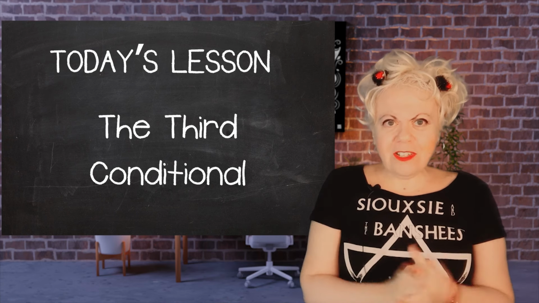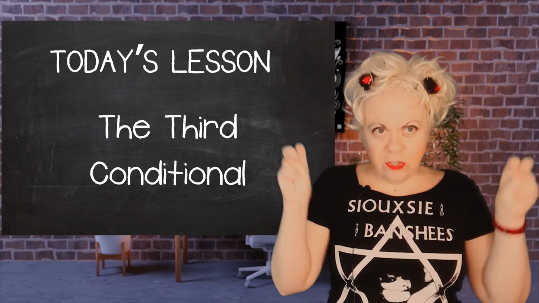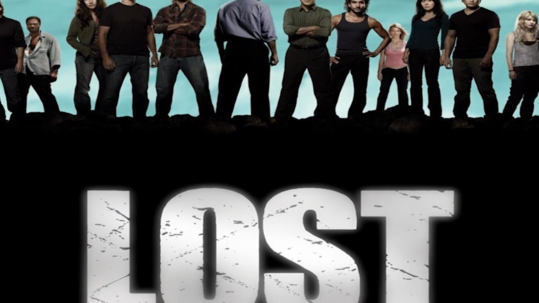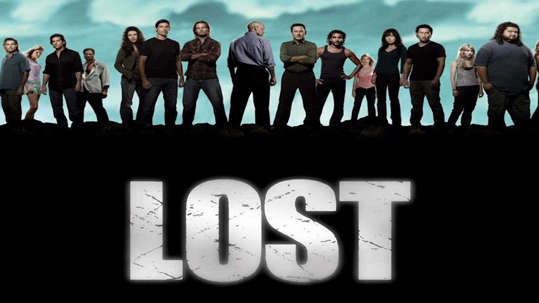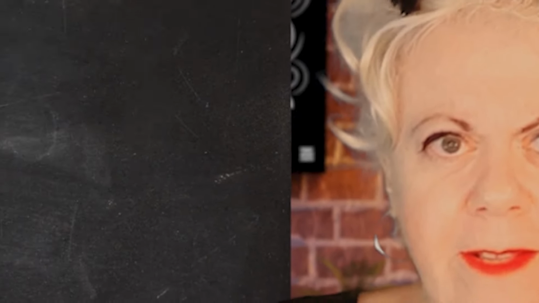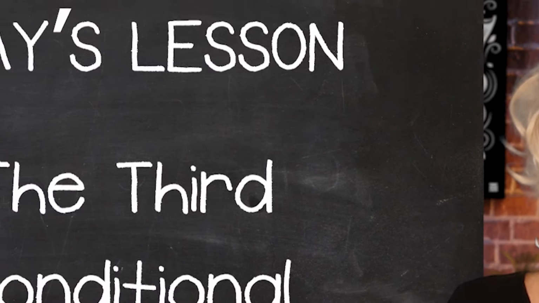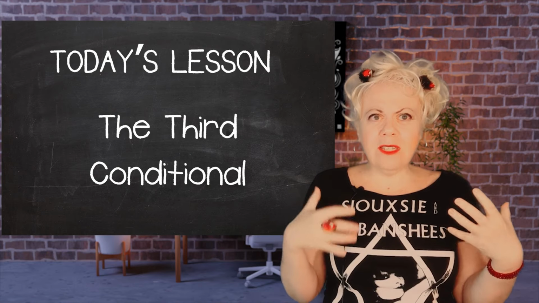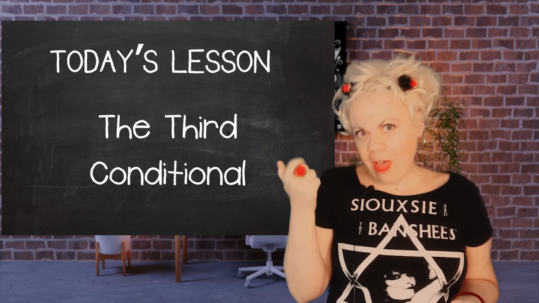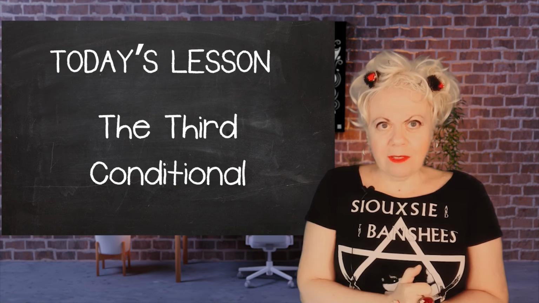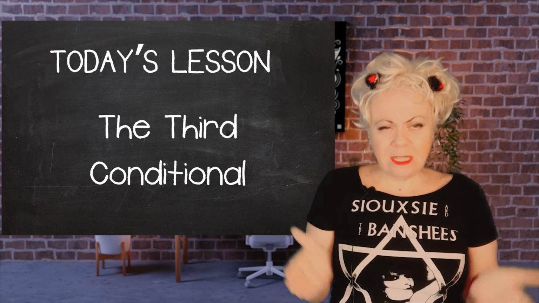So the third conditional is the loss condition. Meaning that it is about something that could have happened in the past but did not happen, and now its time has passed.